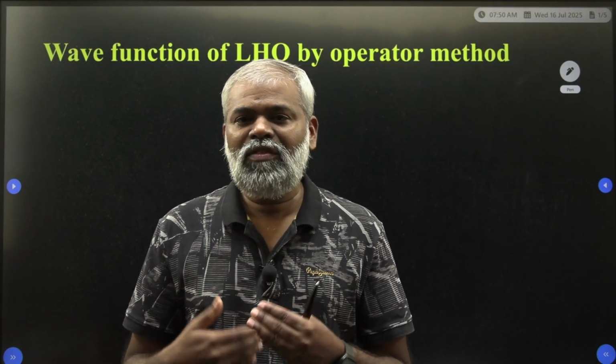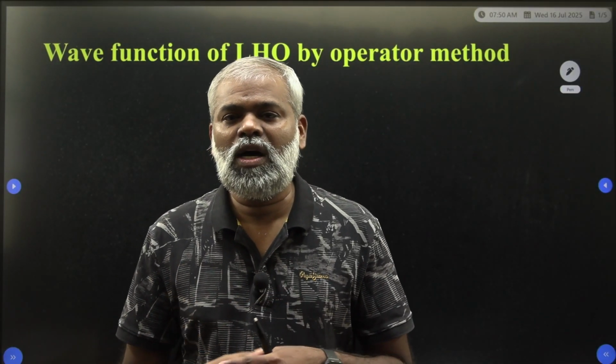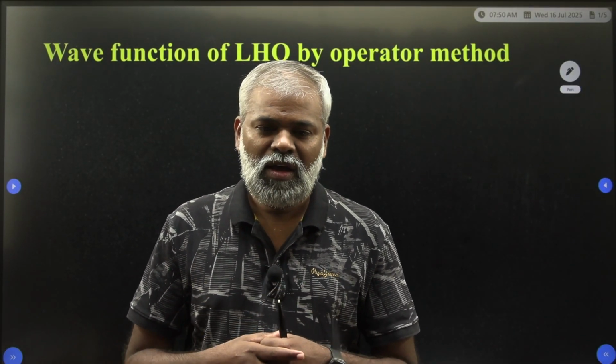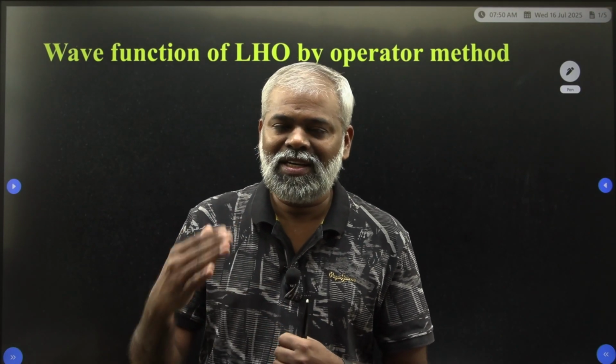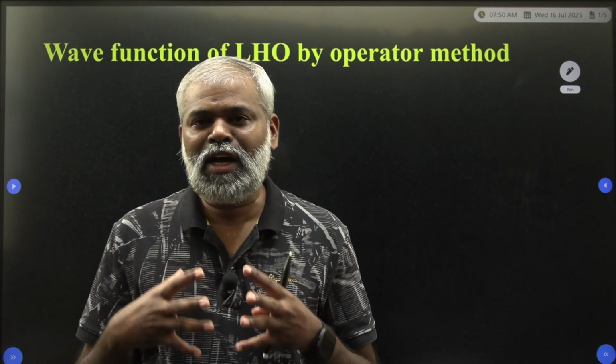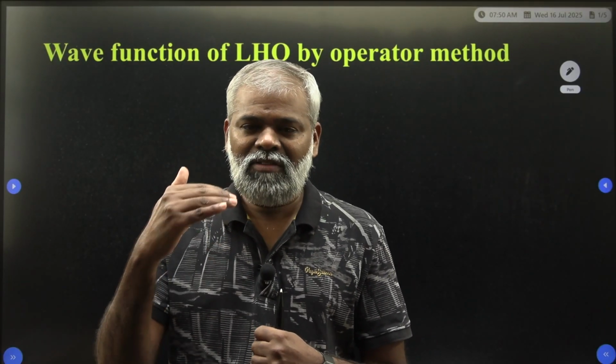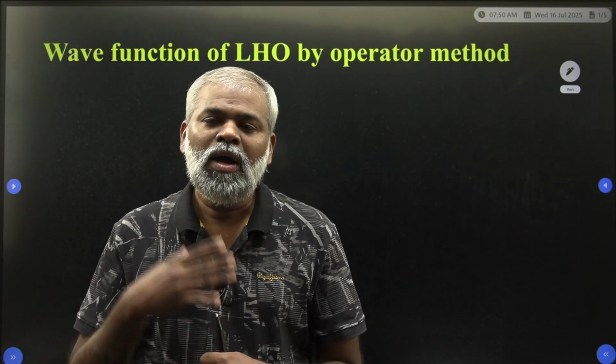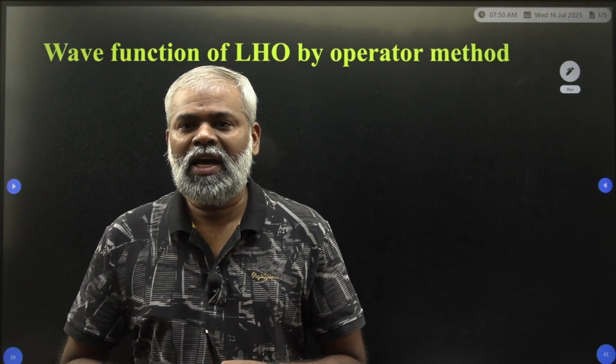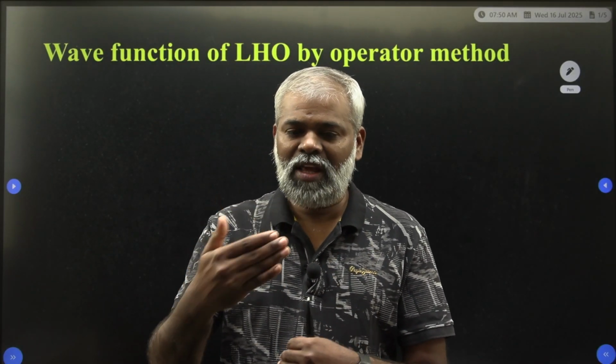By the Schrodinger wave equation we solved for the wave function and the eigenvalue, that is the energy, of the linear harmonic oscillator. The energy level diagram, wave function diagram and probability density diagram we also discussed in previous videos.